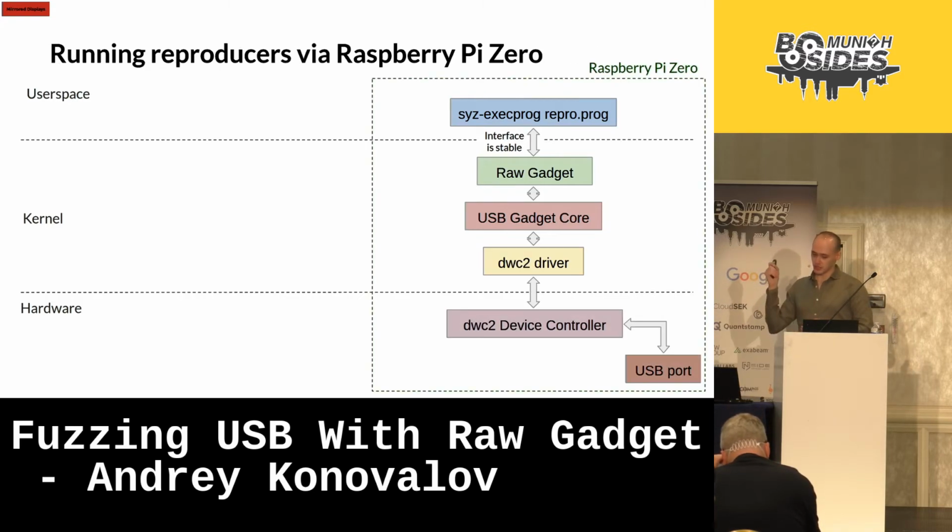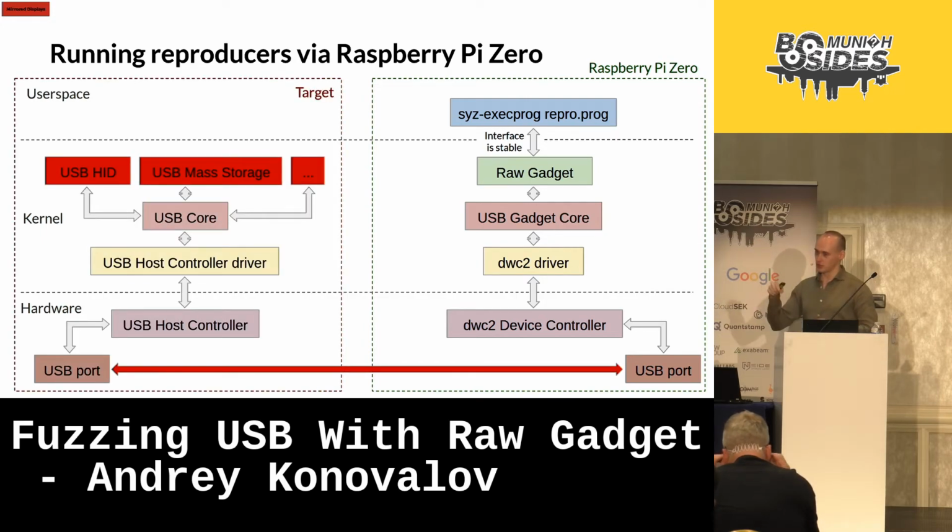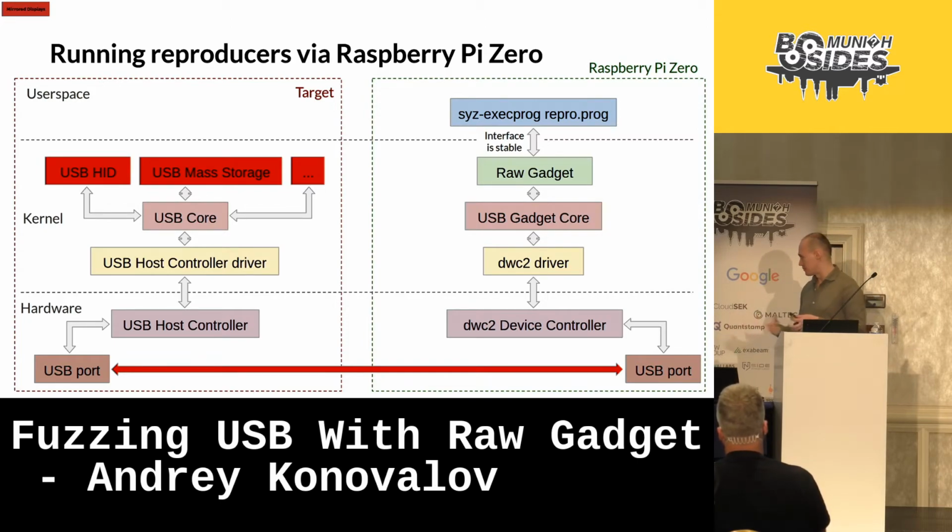Which means we can take a Raspberry Pi Zero. We can take the reproducer that was generated inside the virtual machine, copy it onto a Raspberry Pi Zero, and plug this Raspberry Pi Zero into a physical host. And this way, we can replay the USB communications we generated in a virtual machine with physical hardware.